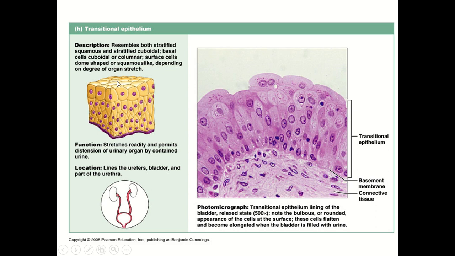Meanwhile, the surface cells look squamous, and sometimes they make up a dome shape, depending on how the organ stretches itself. Its function is to stretch readily and permit the extension of urinary organs as they contain urine. Its location is the lining of the ureter, the bladder, and also part of the urethra.